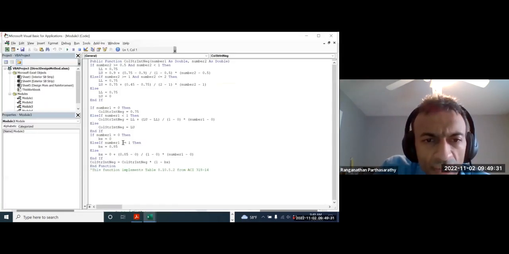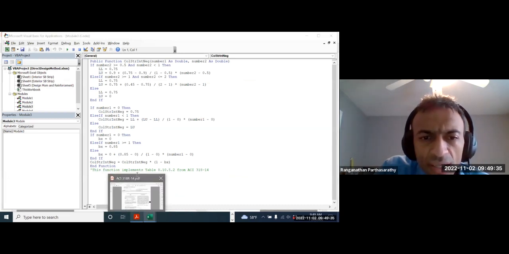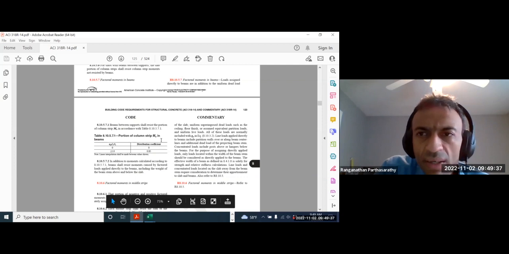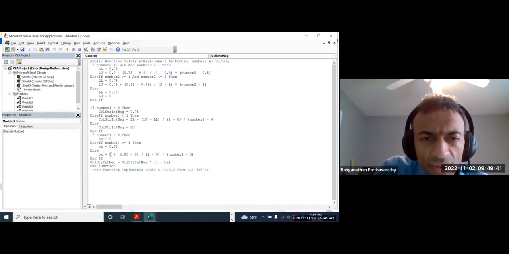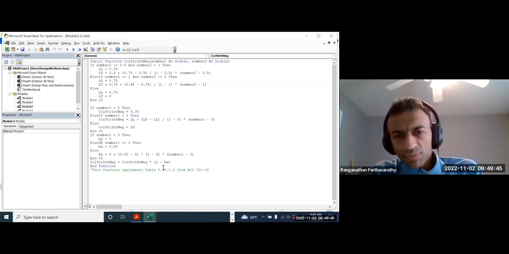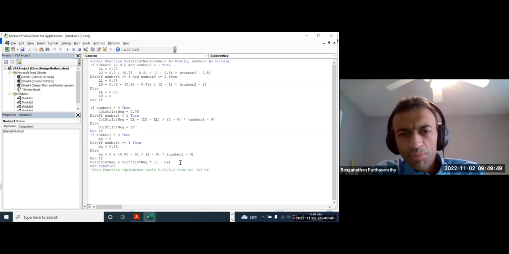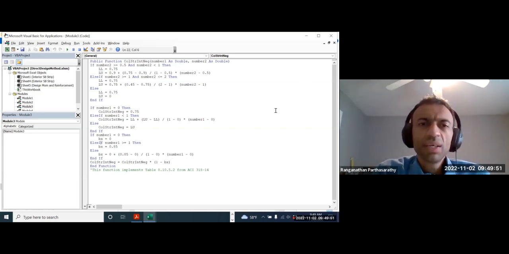When value number 1 is 0, then 0, nothing goes to the beam. Greater than or equal to 1, then 0.85 goes to the beam. If not, we interpolate. So whatever is going to the beam, 1 minus that is going to the column.